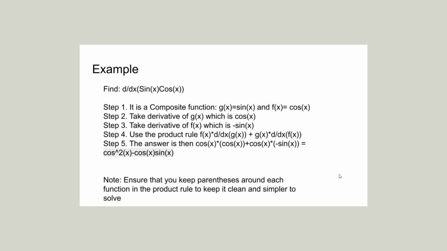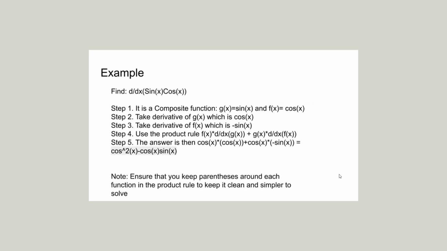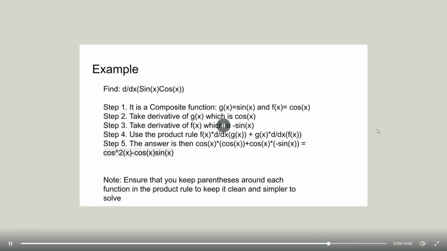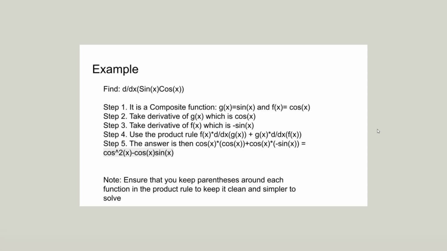So our outcome would be cosine of x times cosine of x, because cosine of x was our original function, plus sine of x times the derivative of f of x, which is negative sine of x. So overall we get cosine squared of x minus sine squared of x.